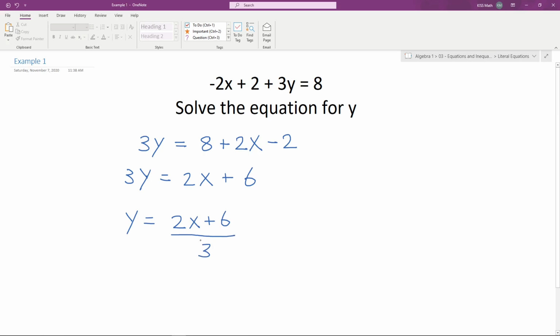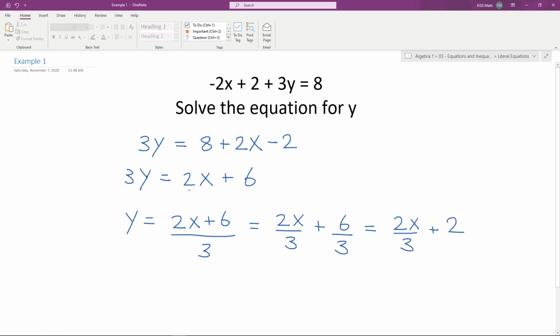Now, this is a valid answer, but another way to write this is to split up this fraction. So everything with the common denominator can be split up. So I can write this as 2x over 3 plus 6 over 3, which is the same as 2x over 3 plus 2.